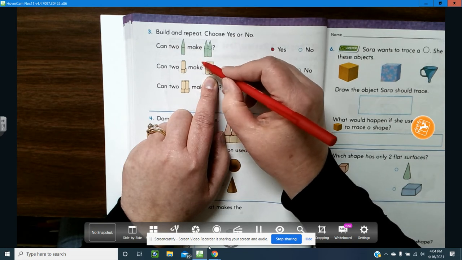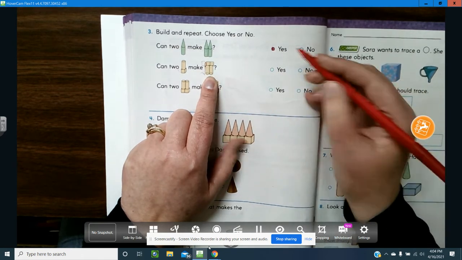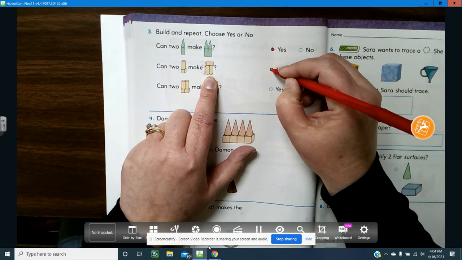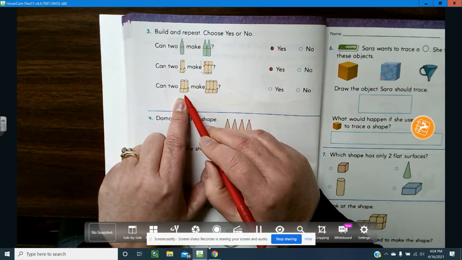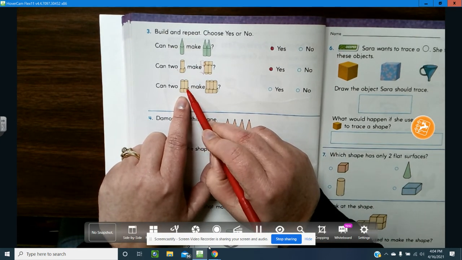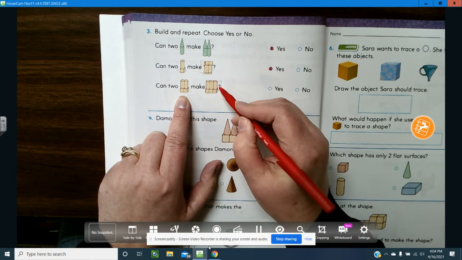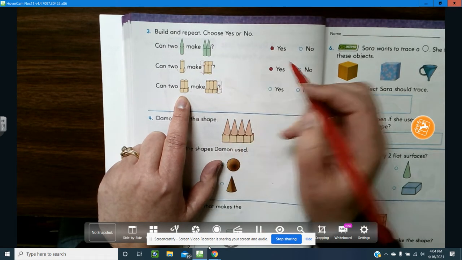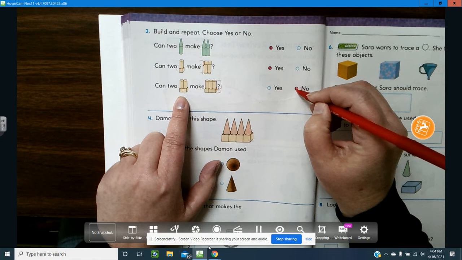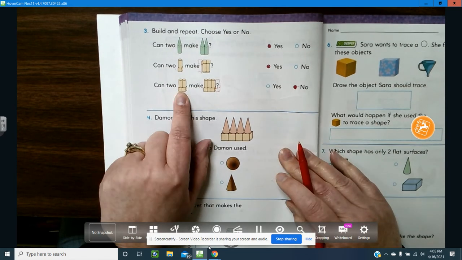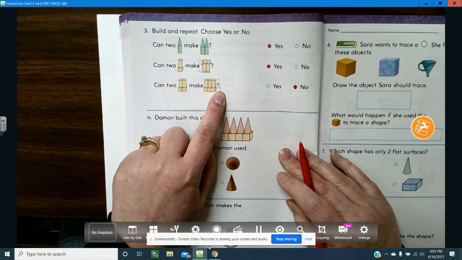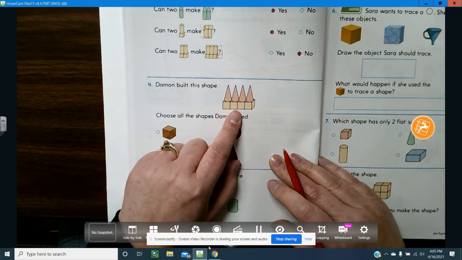You could put the cube on top and the cylinder on the bottom, but they're still glued together. Yes. Look at this. If you have these 2 and you copy that, then you would have to have 4 of these. So no, you could not make that. If you copied this, you have to have 2 plus 2 more. That would be 4.